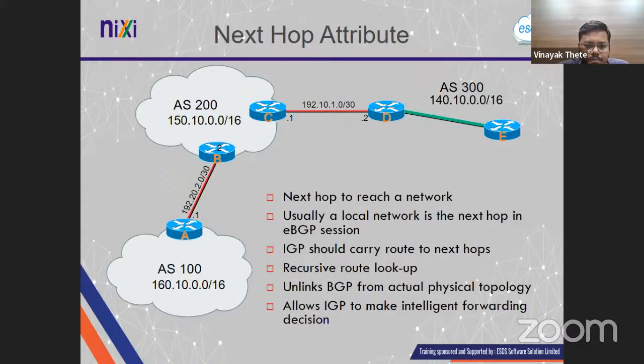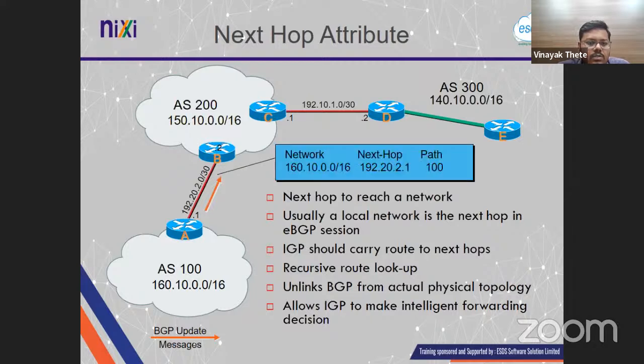Usually the local network is the next hop in an eBGP session. Also, the IGP should carry a route to the next hops, which allows the IGP to make intelligent routing and forwarding decisions. If the next hop is reachable, then only that route will be traversed. Otherwise, that route will be dropped at the local level.